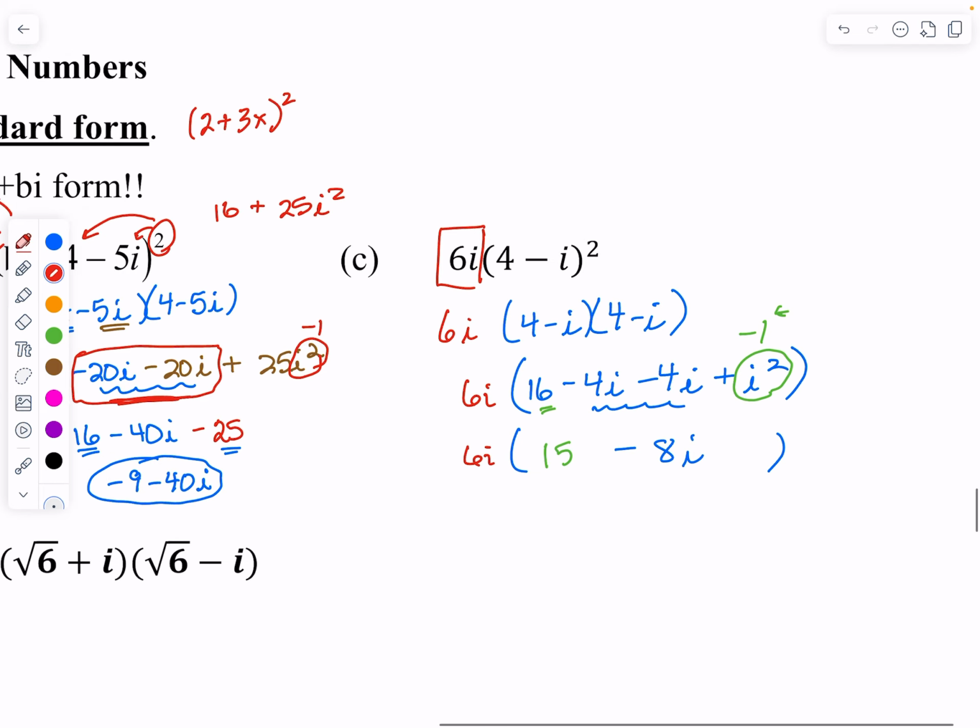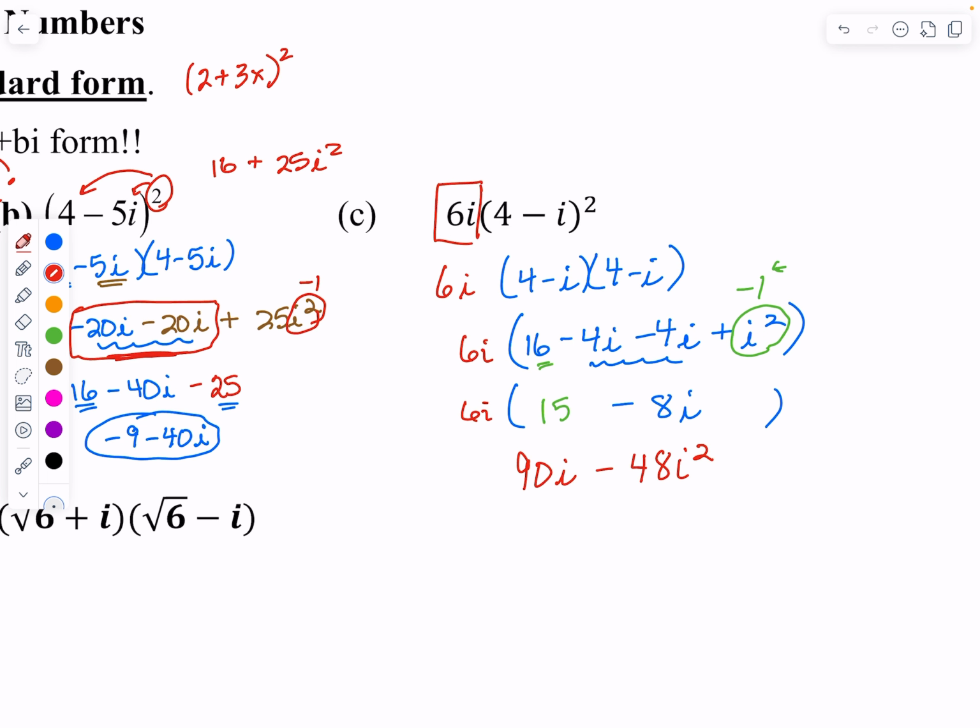So that's going to give me 90i minus 48i squared. Now my 48i squared, remember, i squared turns into -1, so that's 90i plus 48.